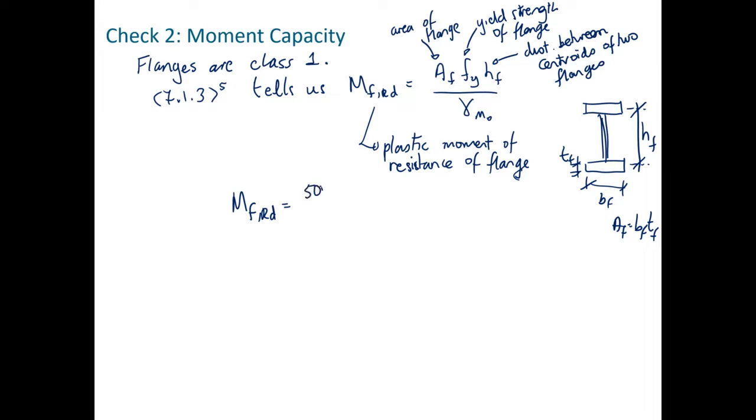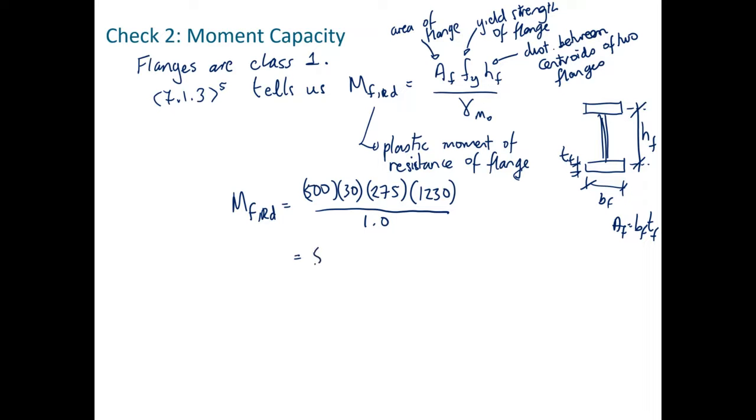The width is 500, the thickness of the flange is 30, the yield strength of the material is 275 newtons per millimeter squared, and the distance between the centroids of the two flanges is 1230, because the web height is 1200 and the flange thickness is 30, so 30 plus 30 divided by 2 is back to 30, so 1230. And the partial factor of safety is equal to 1.